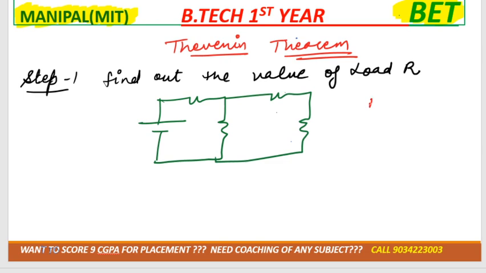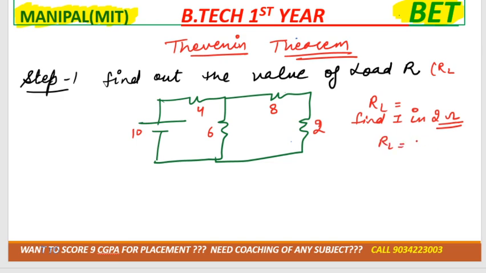Suppose RL is the load resistance, and this circuit has 10, 4, 6, 8, 2, and they ask you to calculate the current in the 2 ohm resistor by using Thevenin. So what is RL over there? RL is equal to 2 ohm. Understood?